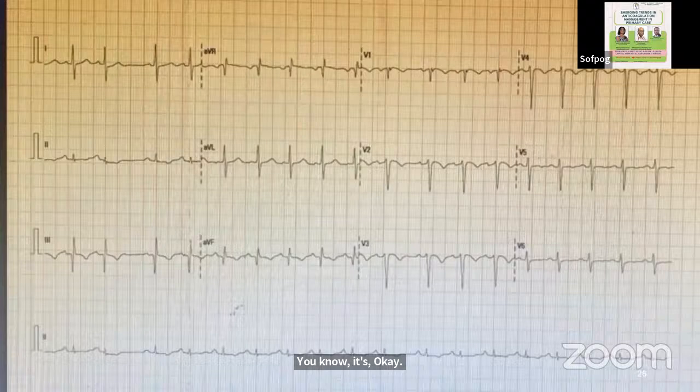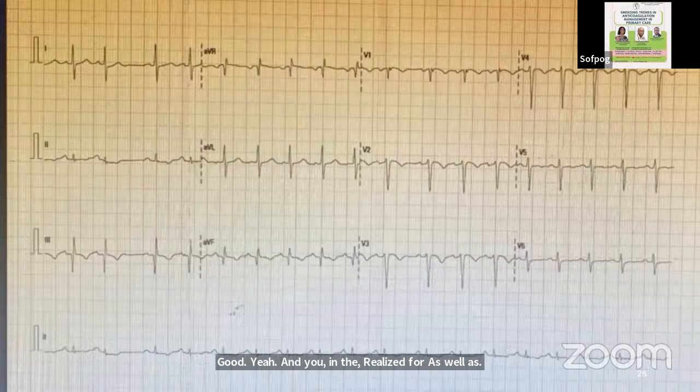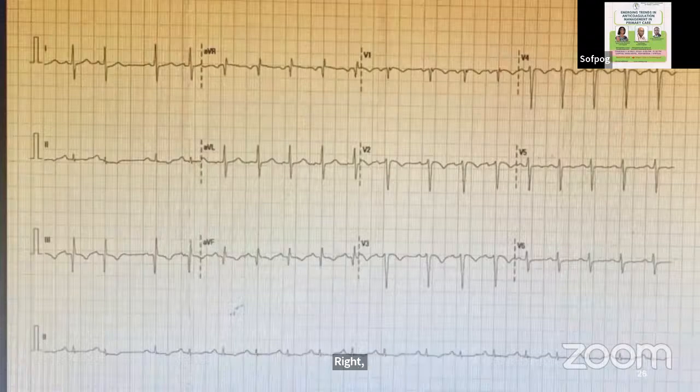Yes, there is a deep S wave in lead 1 and a deep Q wave in lead 3 and T wave inversion, as well as right ventricular strain, which is T wave inversion in V1, V2, V3, sometimes V4.